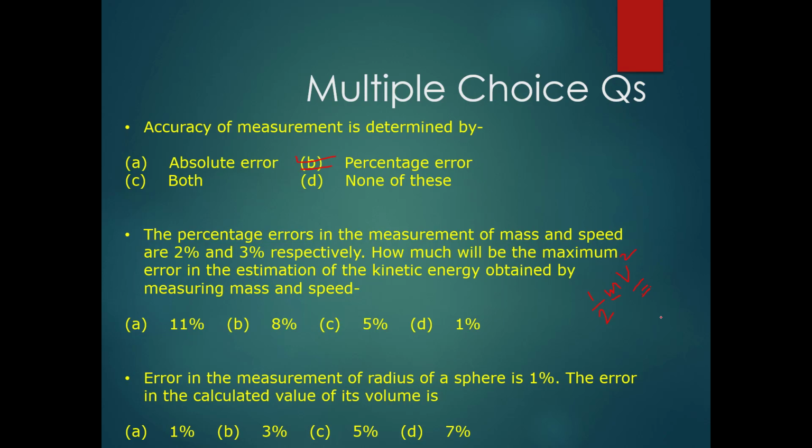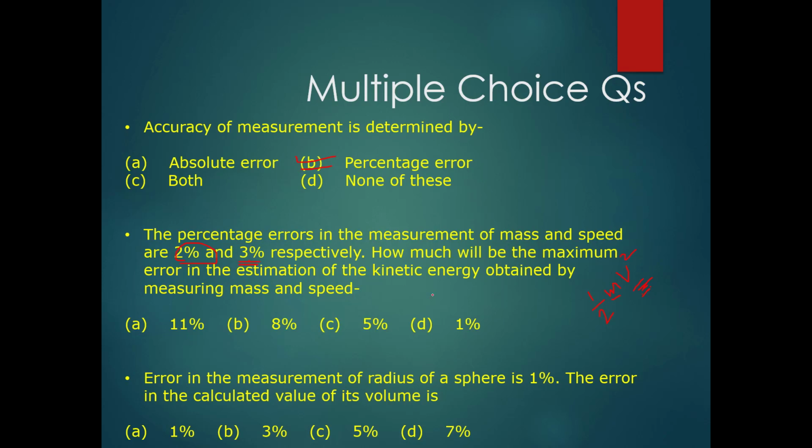Since the energy is proportional to the mass directly, we will directly take this 2. Okay, and the kinetic energy is proportional to the square of the velocity. Since it is proportional to the square of the velocity, we will take this 3 multiplied by 2.